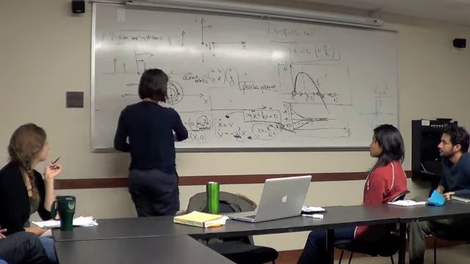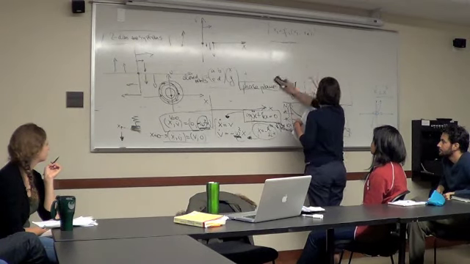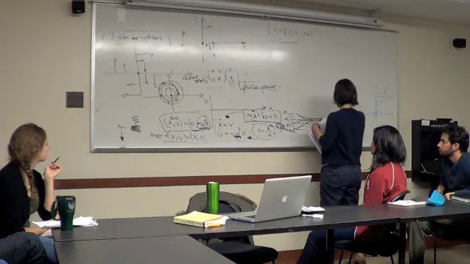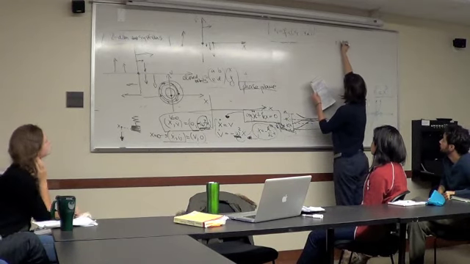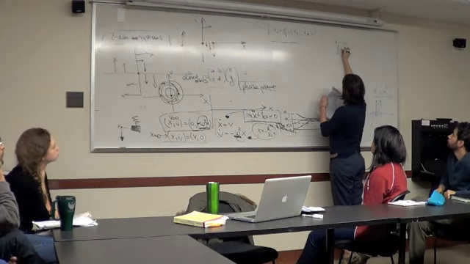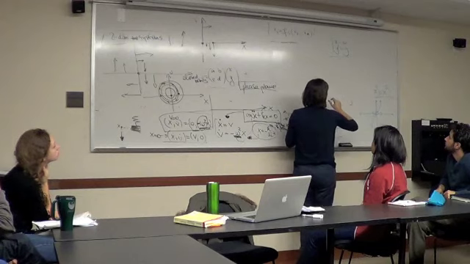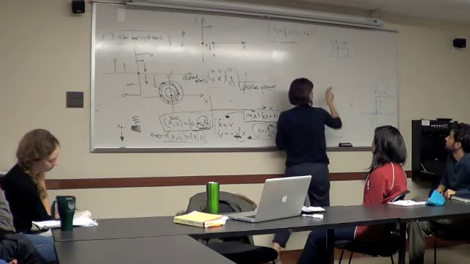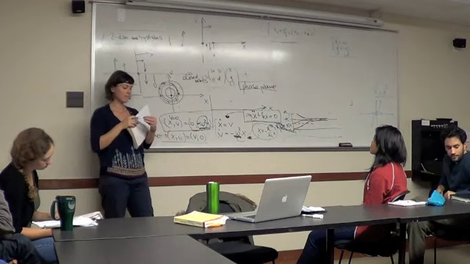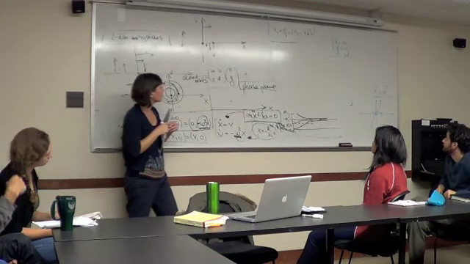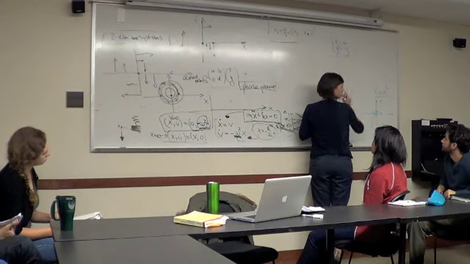Let's do an example together. Let's say we have this very, very simple system. Why don't you guys, either in groups or alone, try to do the phase space for this system? x dot equals 0, and y dot equals minus x y.